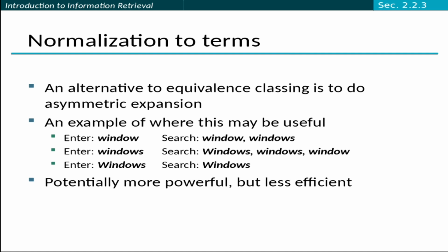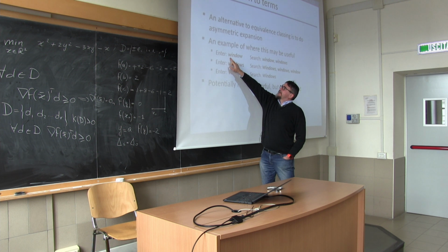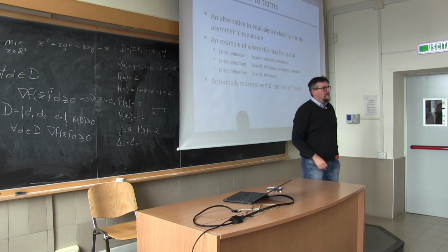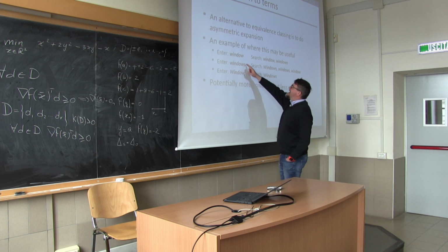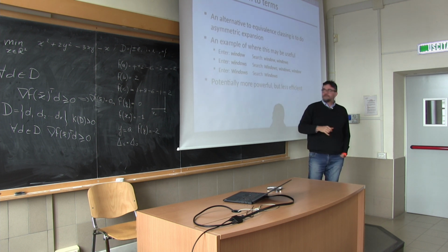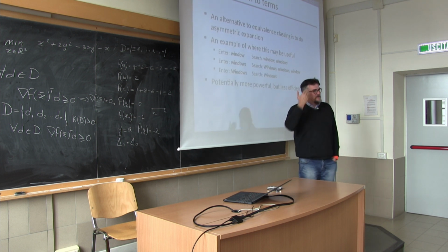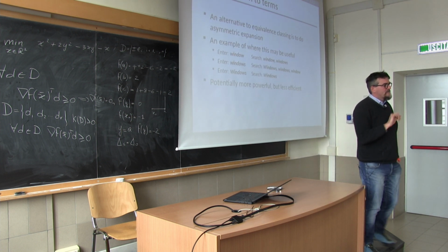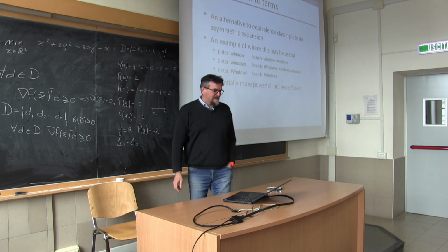But here you can think about different mapping, right? If you write it with a small w, probably you are considering the furniture. If you write it in lowercase, maybe you mean both the furniture or the operating system. But if you write it capital, in this case, it's definitely the operating system because you have in mind the operating system. So you can map those classes into distinct normalization classes.